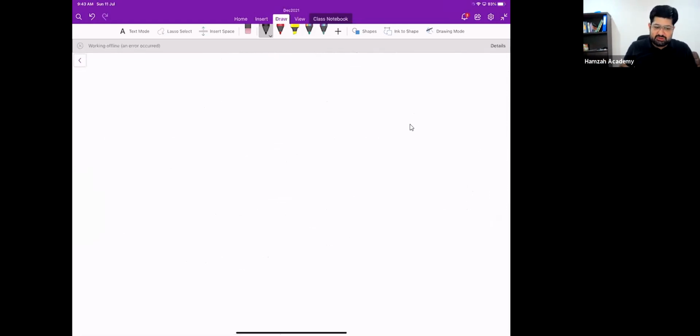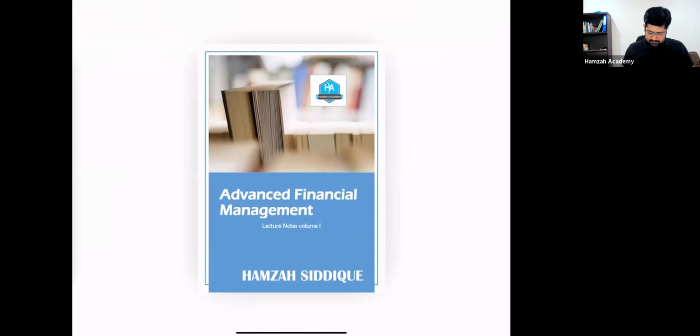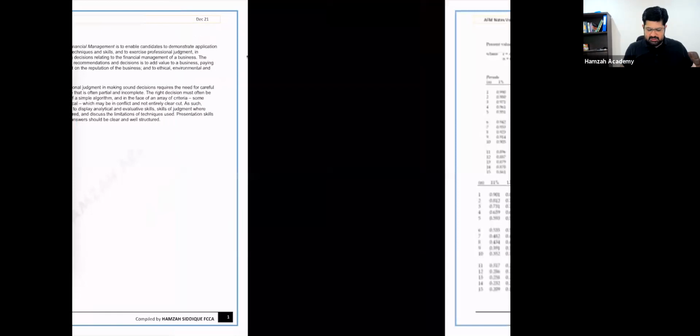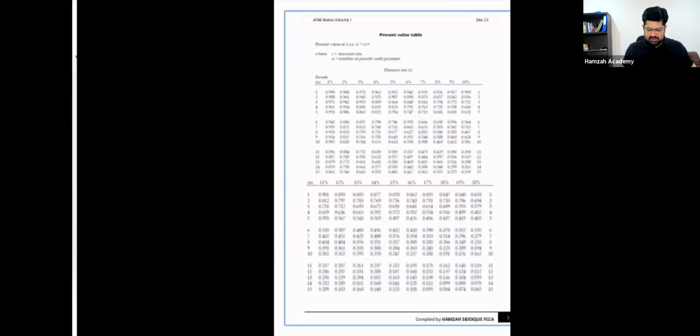Now we will be proceeding towards discussion of the syllabus. These are the tables which will be provided to you.